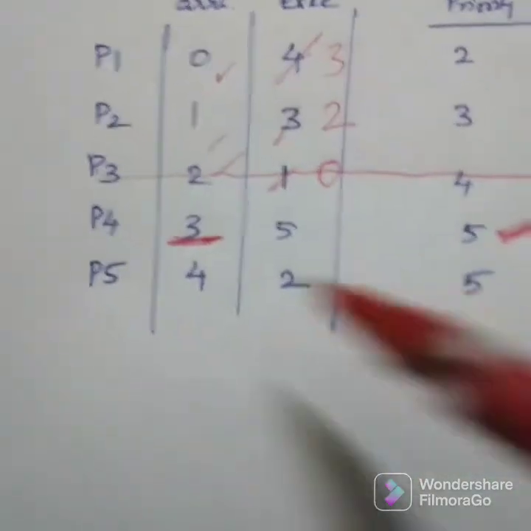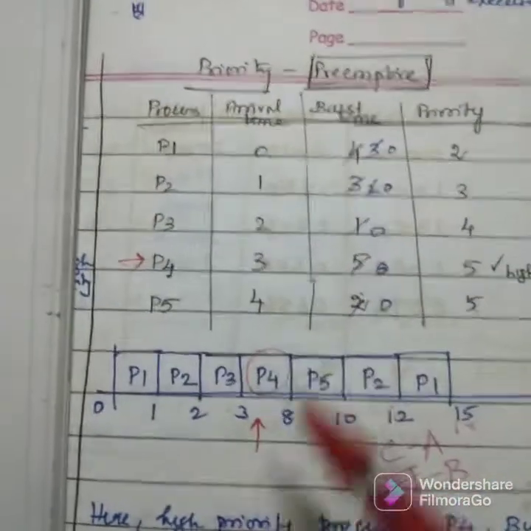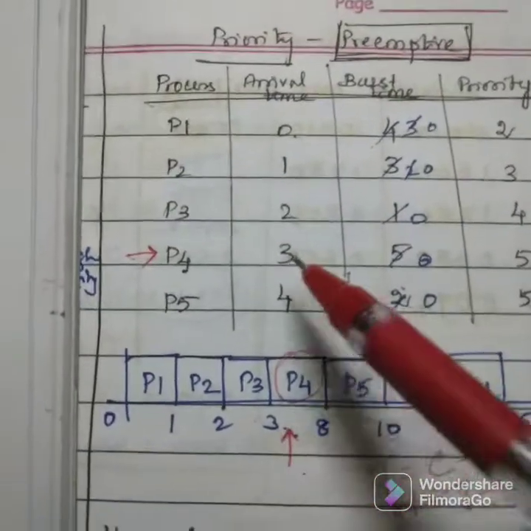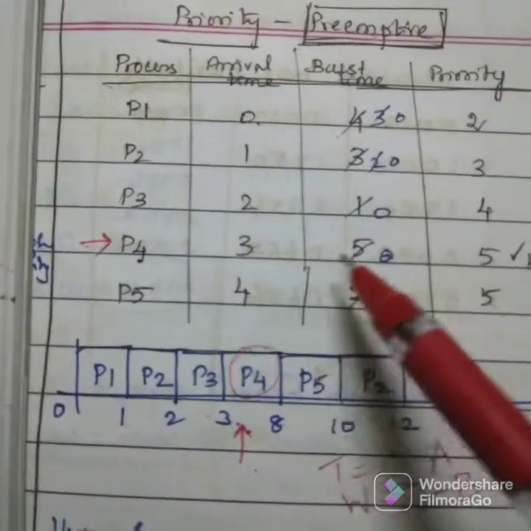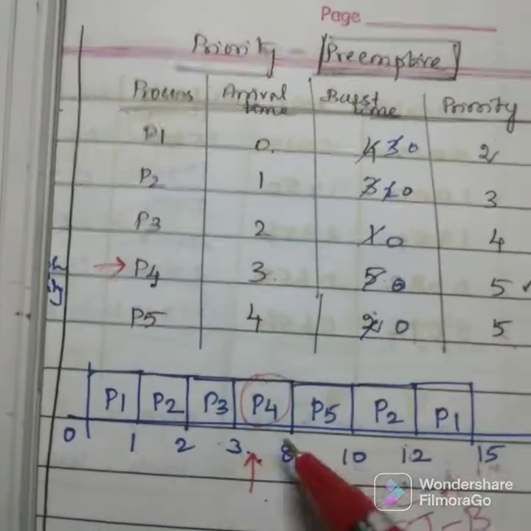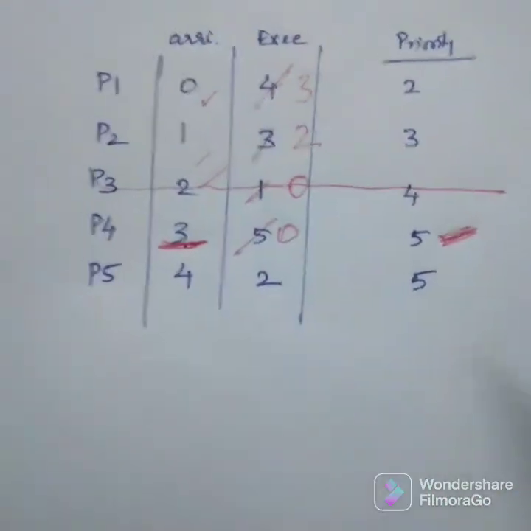Now only P4 is coming, at arrival time 3. After it gets the resource, it will use it fully. So till 5, that is 3 plus 5, 8. Until 8 it will be executing, and it will be over. So it will be 0.